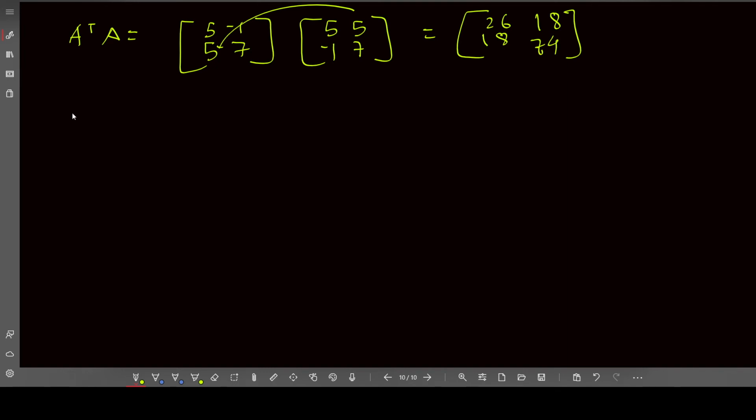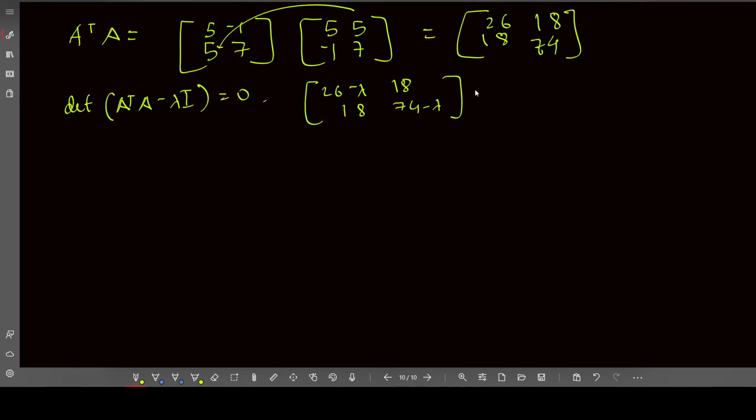Now, again, we have to find the determinant of A transpose A minus lambda I and equate this to 0. This will give us the eigenvalues. So 26 minus lambda, 18, 18, and 74 minus lambda. The determinant of this is equal to 0.